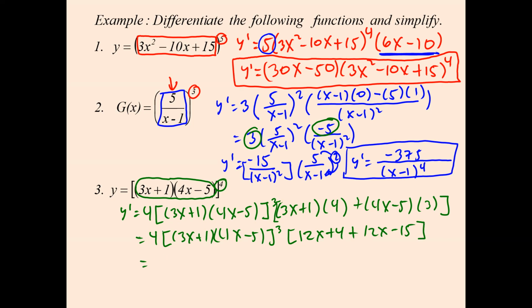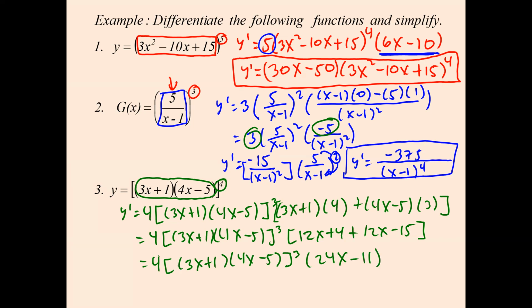Simplify again. So 4 times (3x plus 1) times (4x minus 5) raised to 3 times 12x plus 12x is 24x. 4 minus 15 is negative 11.